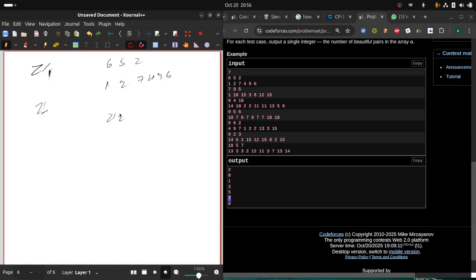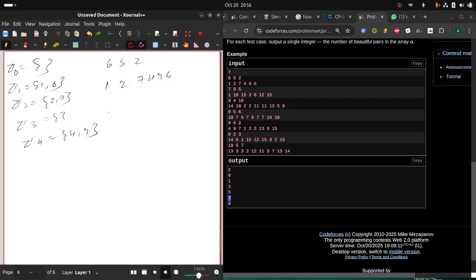Okay, I found it. So if I group them into modulo classes, modulo class 0 is empty, this is 1 comma 6, this is 2 comma 7, this is an empty set, and this is 4 comma 9. Fine.